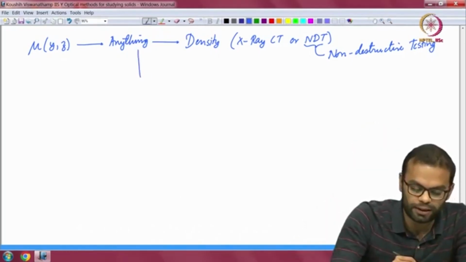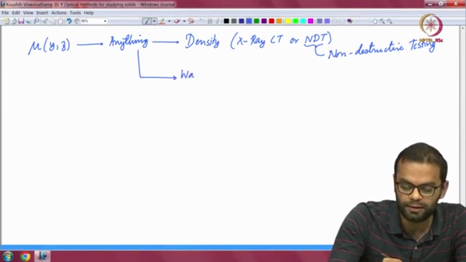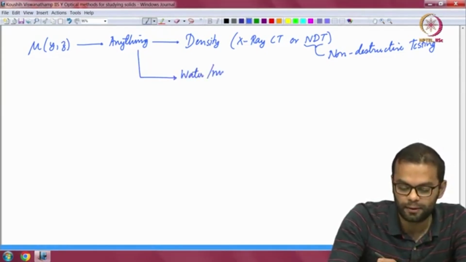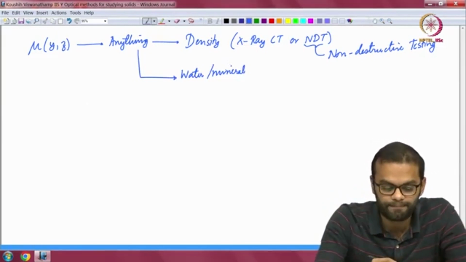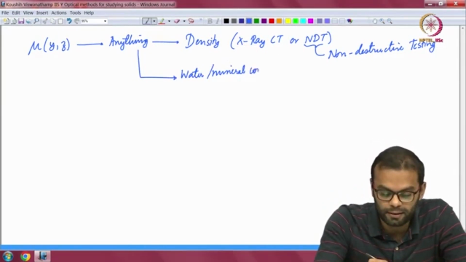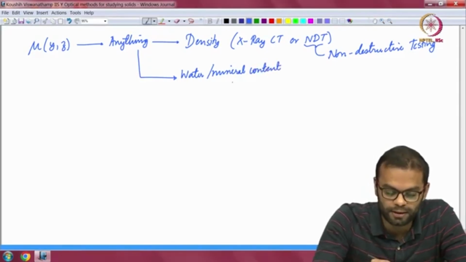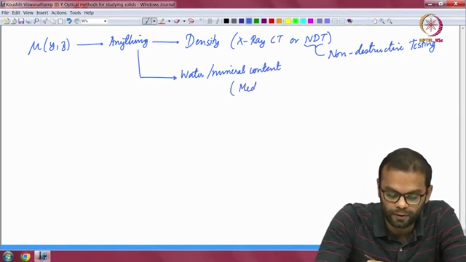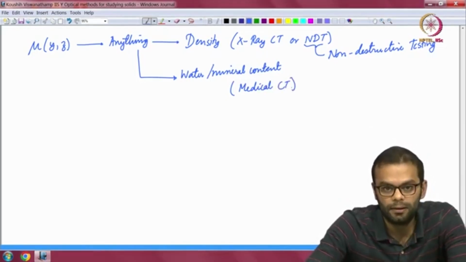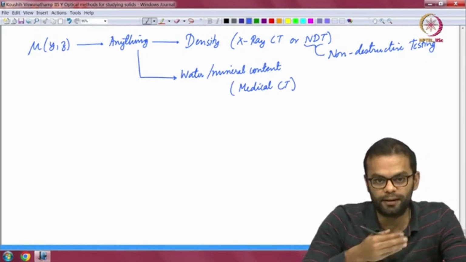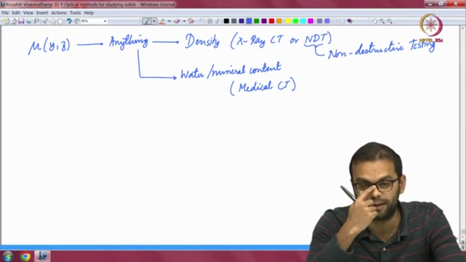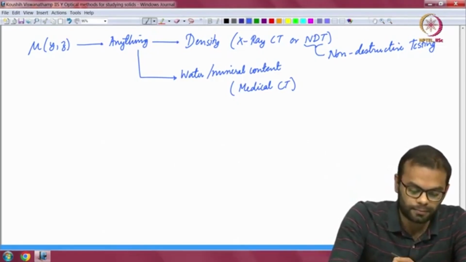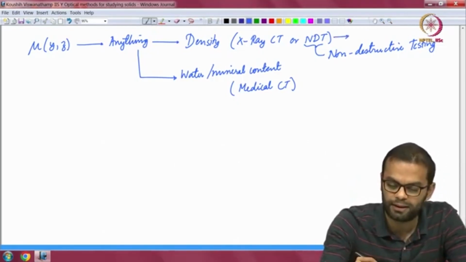It could be for instance proportional to the water content or some mineral content. Different minerals absorb different X-rays to different degrees. This is what happens in biomedical or medical CT, where you are actually measuring mu that is proportional to this particular content. It is again similar to the density but not quite the same. There is a distinction between these two incidentally.